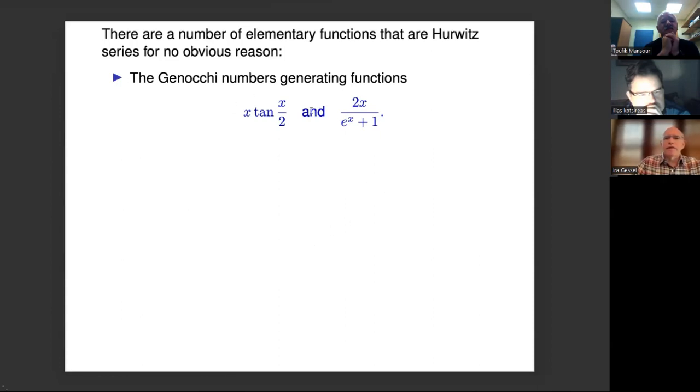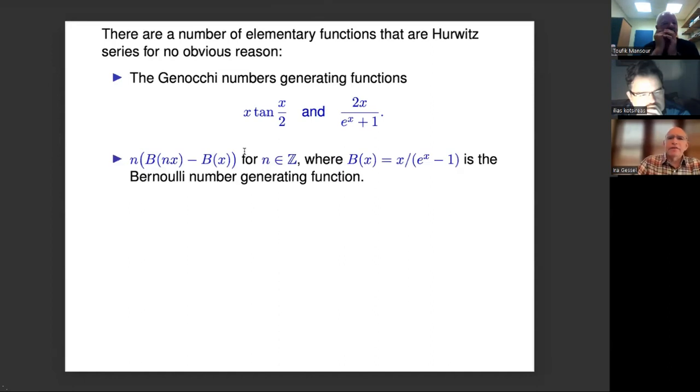The coefficients as exponential generating functions of these two things are the same, except for the sign, and also the coefficient of x is different in these two. And the Genocchi numbers do have a combinatorial interpretation. If you look at the x tan(x/2) form, the coefficients are positive, and they count certain permutations and other things.